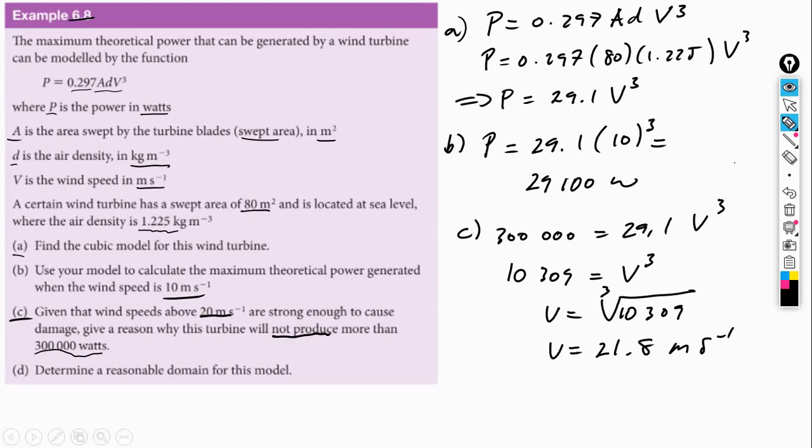So we can conclude that this turbine will probably not even get to 300,000 watts. For part D, it says find a reasonable domain for this model. So the domain is dependent on the velocity of the wind. And we just said that it can be from 0 up till 20 meters per second.